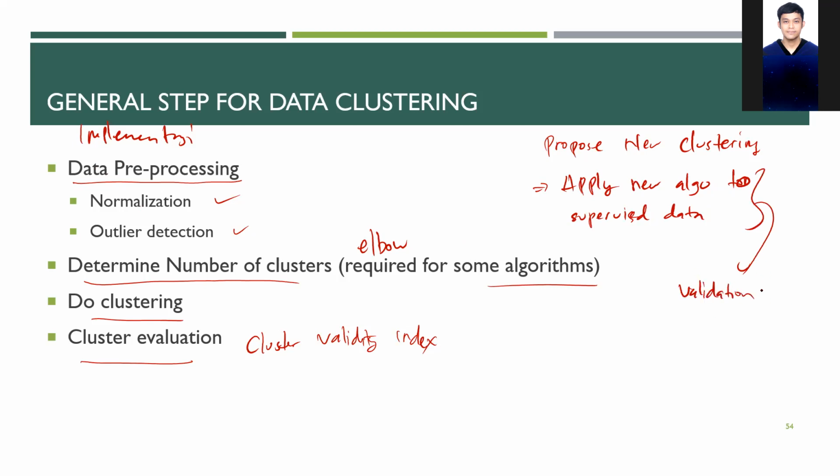We have to validate whether our new algorithm is good or not. So one validation step is to apply our algorithm to supervised data, because we already know the answer, so we can check whether our algorithm is correct or not.